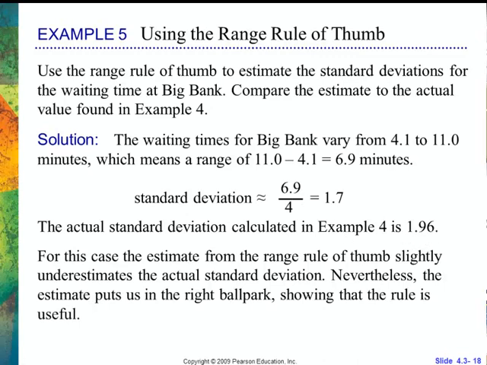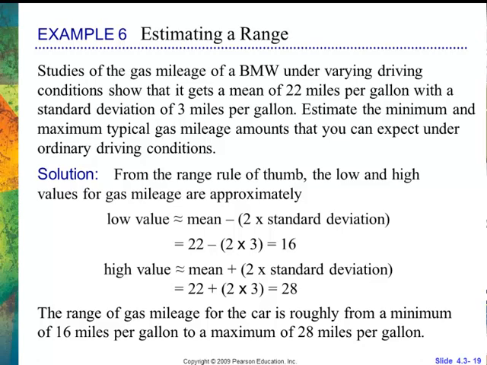It's not perfect, but it gives you a nice, quick way to calculate it. So, the range here. They said, here's a problem where we're estimating the range. We have gas mileage of 22 miles per gallon, the standard deviation of 3.